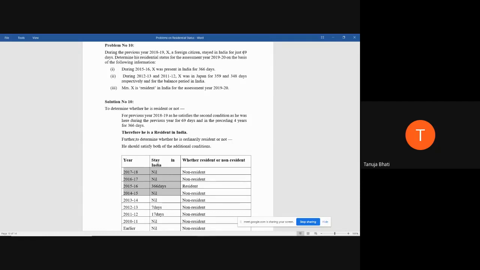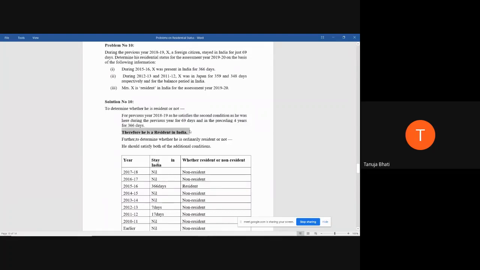So he is satisfying the second basic condition. And therefore, even if he satisfies any one basic condition, he becomes a resident in India. So for the previous year 2018-19, as he satisfies the second basic condition, as his stay during the previous year is 69 days and in the preceding 4 years is 366 days, therefore, he is a resident in India.